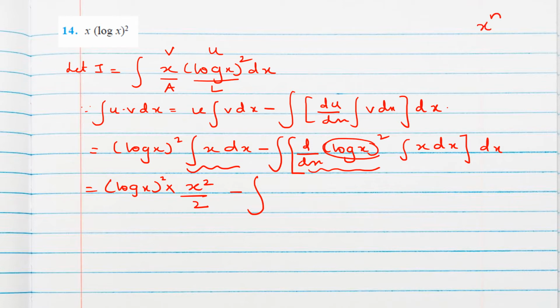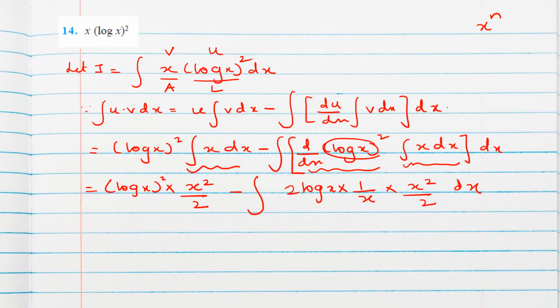If log x is there, that means this is a composite function. So while taking the derivative of (log x)², we should also consider the derivative of the composite, that is 1/x times, then this part, the integral of x is x²/2 dx.